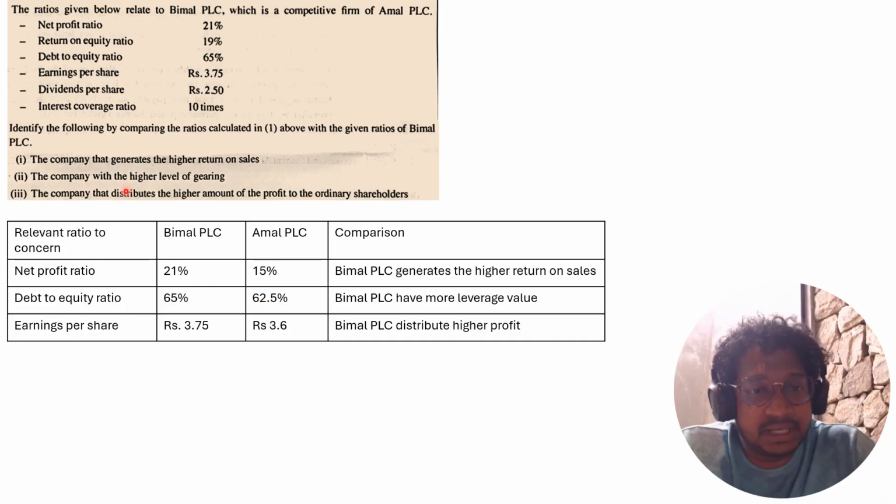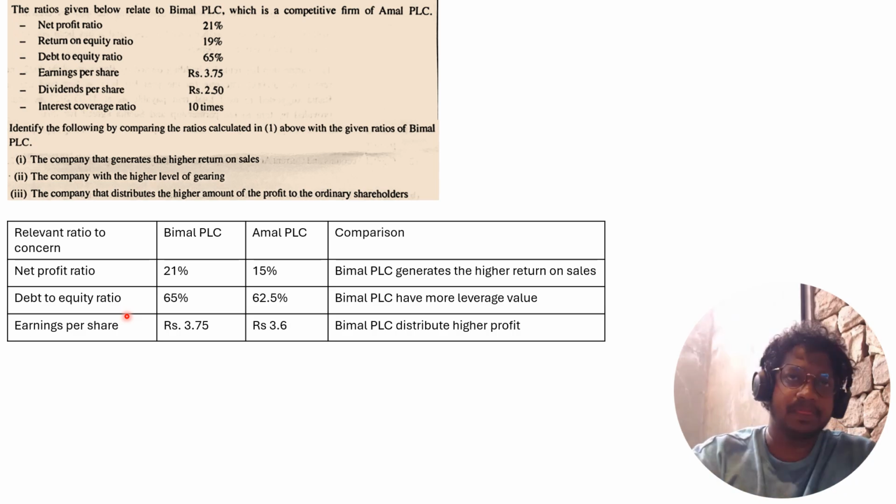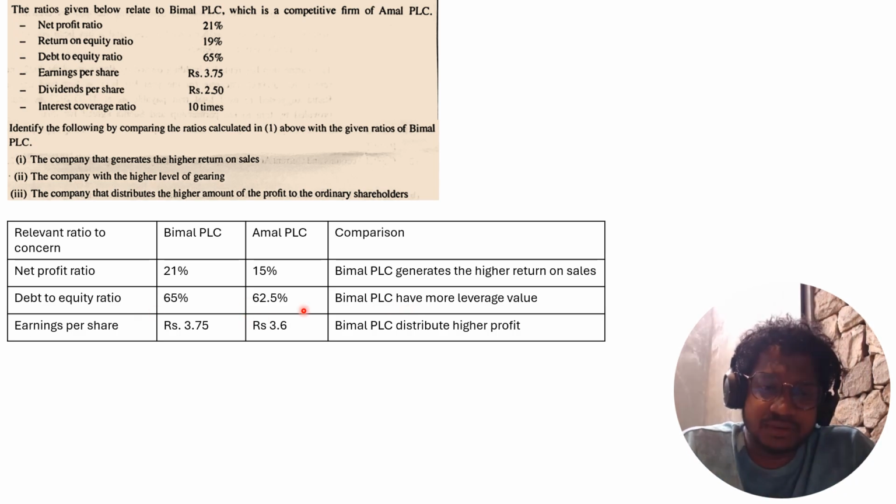And second, they ask for the higher level of gearing, which means the leverage values. To find that, you have to compare the debt to equity ratio. In Amal PLC we found 62.5, and in Bimal PLC it's given as 65%. So comparing that, Bimal PLC has more leverage.